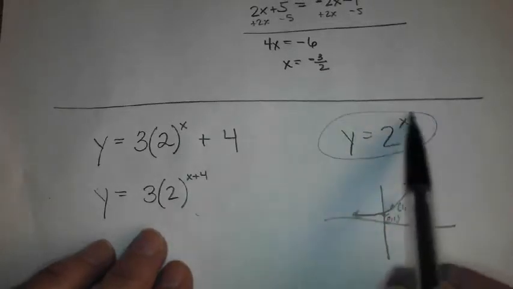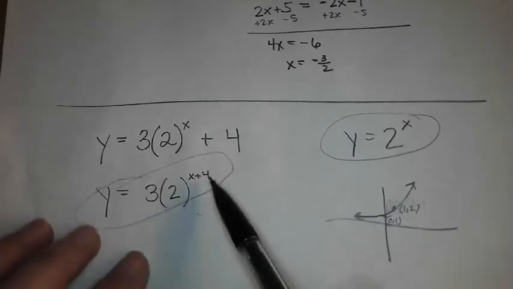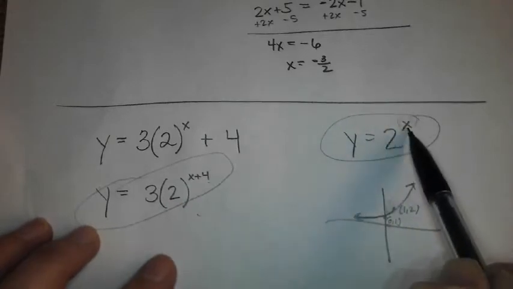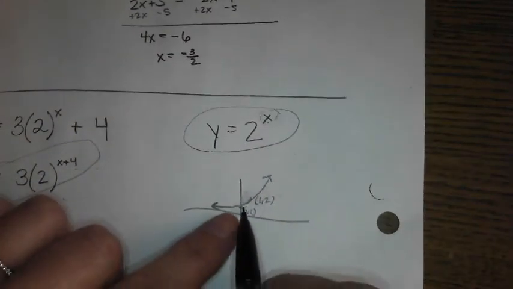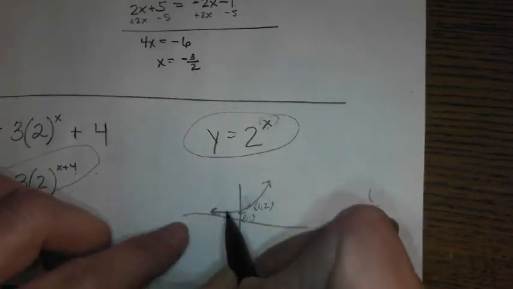From here, moving towards this. Order of operations. What happens first? Exponent. We're going to move this graph how? Left 4. You're adding 4 within the graph. Within the horizontal. So left 4. So (0, 1) moves over to (-4, 1).